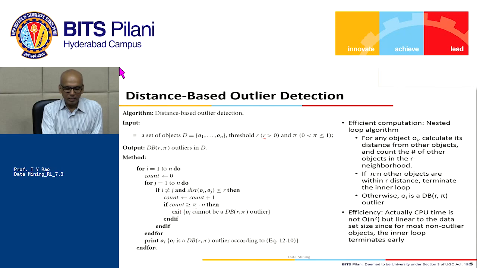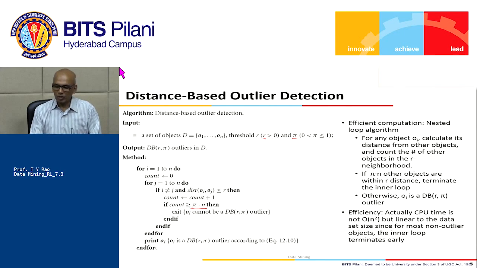Whenever this count exceeds the fraction threshold times the total number of objects, then we know that it is not an outlier. Then we exit this loop and repeat with the next object. Finally we get the list of all the objects that we find to be outliers.